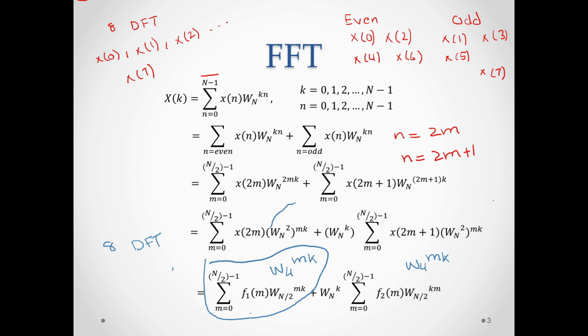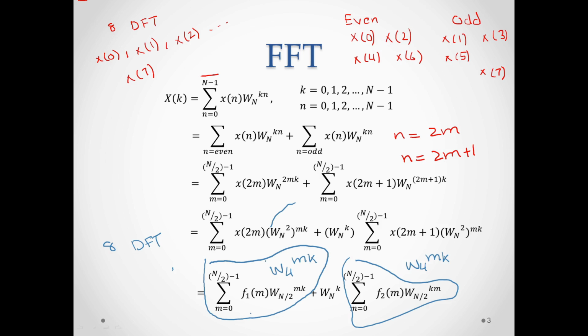And similarly, this is the formula for the 4-point DFT. The first formula is the 4-point DFT for even entries, whereas the second formula is the 4-point DFT for odd entries.